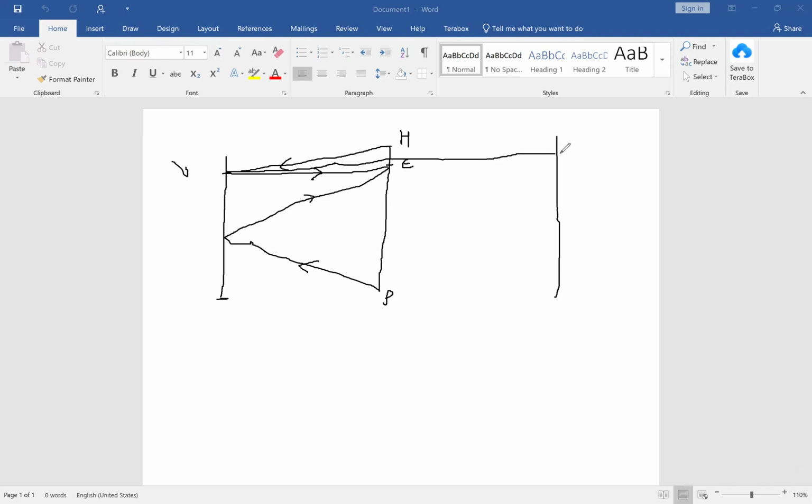This is the normal, and we consider it E double dash. And this way, this is your A double dash. This point is A.